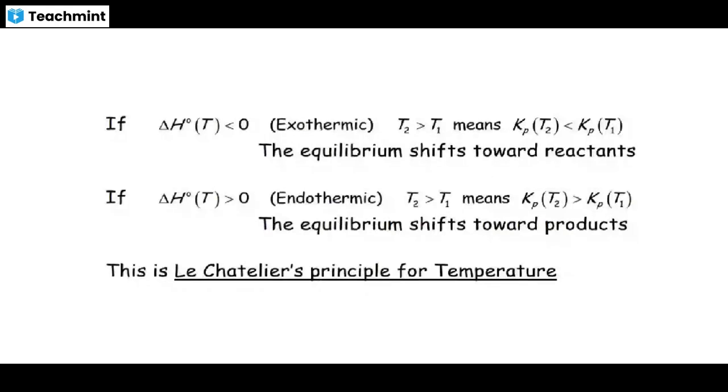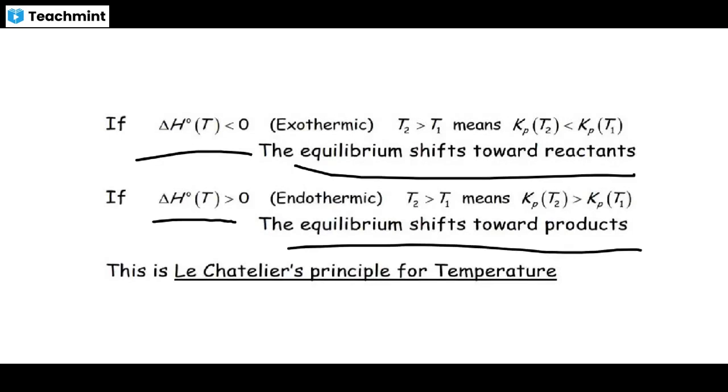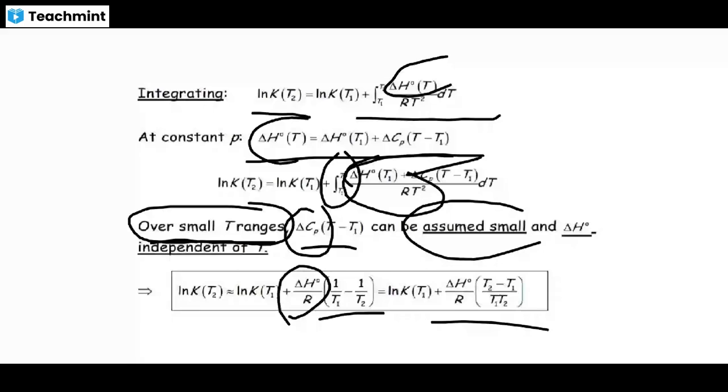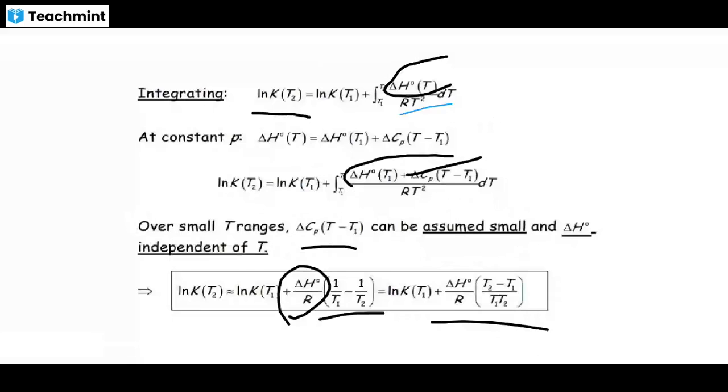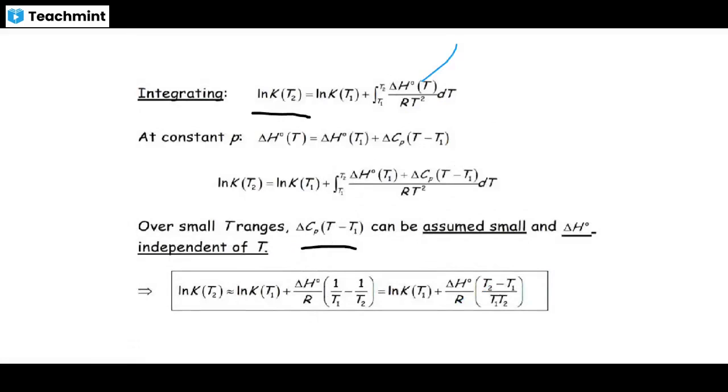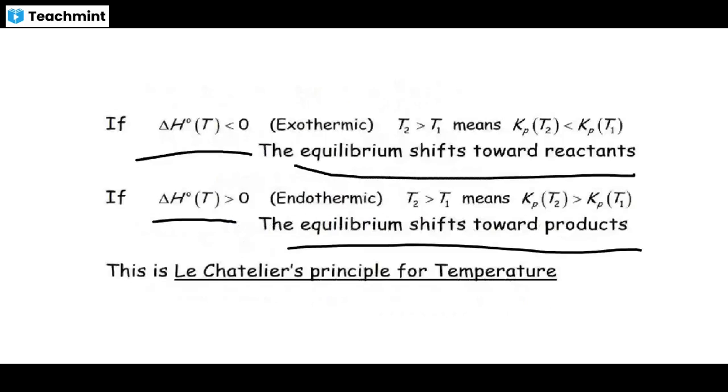So when delta H is less than 0, meaning exothermic, the equilibrium shifts towards reactant. When delta H is greater than 0, endothermic, the equilibrium shifts towards products. If you see here, when exothermic, T2 is greater than T1, the final temperature, then Kp decreases.